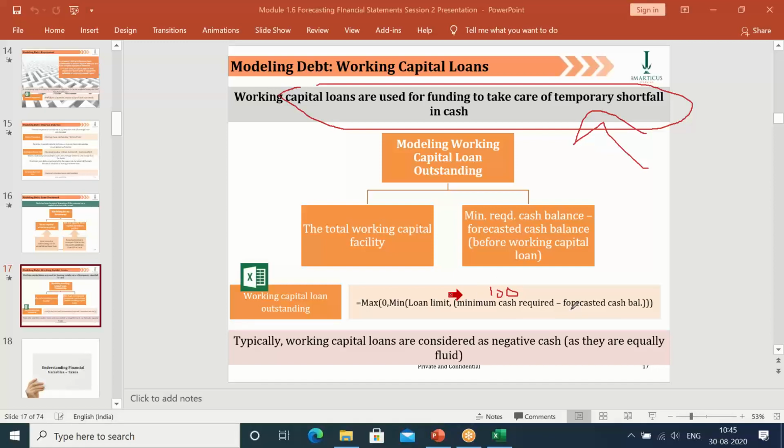They should have 100 rupees cash balance at any point of time. And your forecasted cash balance, scenario 1, is suppose 60 rupees. So you should have 100 at any point of time, but you are expecting next year you will have 60. So you will have a shortage of 40 rupees.